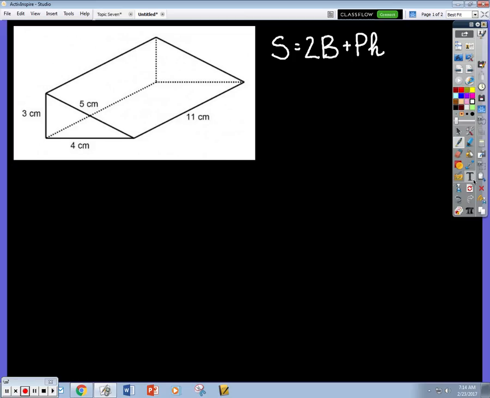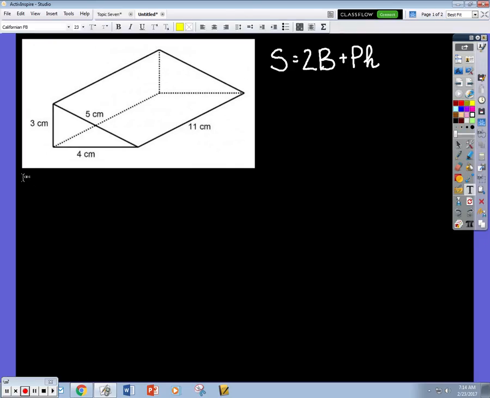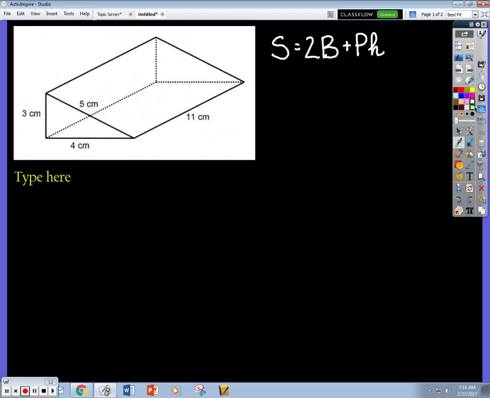I'm going to steal a little method I learned from a colleague of mine, Mrs. Jagdinsky, and I'm going to say, let's first identify what type of prism this is. Well, we have two triangles, and let's actually trace over those triangles.